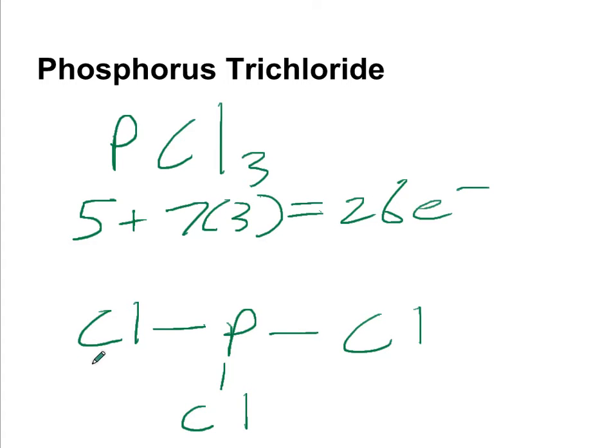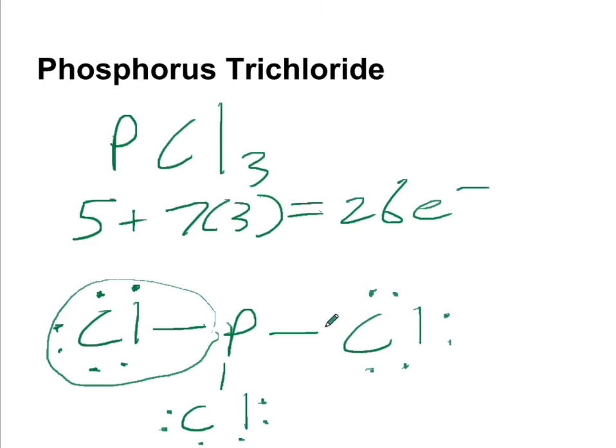Now we need to go through and fill out the octet for the surrounding atoms. So we'll put 1, 2, 3, 4, 5, 6 dots around this chlorine. That gives it a total of 2, 4, 6, and 8 electrons just around chlorine when you count the bond there. And we'll do the same thing to the other chlorines. So total, we've drawn 8, 16, 24 of our 26 valence electrons.